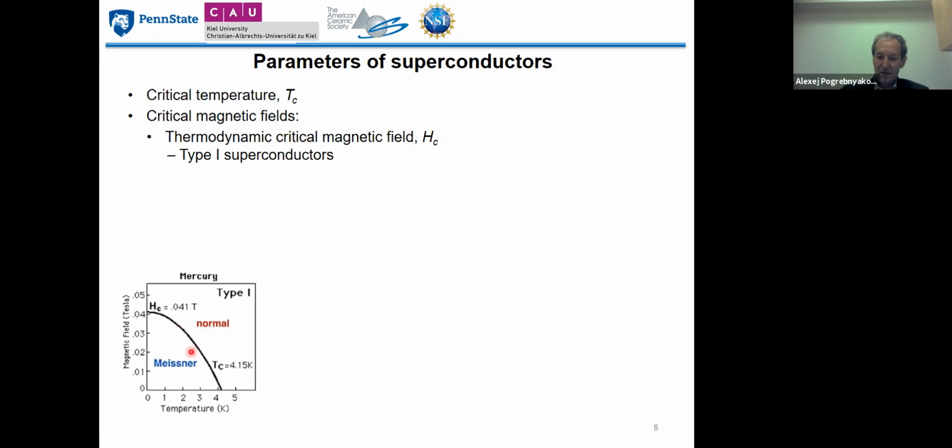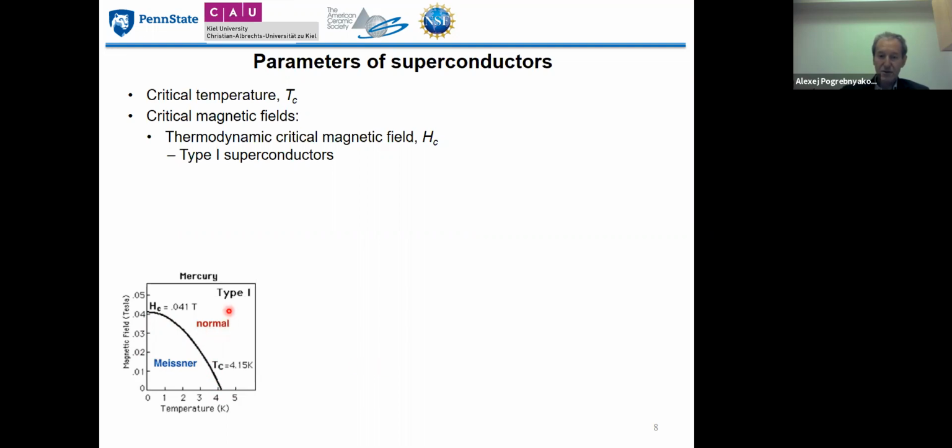So superconductors can be either in the Meissner state where there is no magnetic field, or if the external field exceeds the critical magnetic field, the superconductor goes over to the normal state. And of course, this thermodynamic critical field depends on temperature, and it becomes zero at the critical temperature of a particular superconductor.